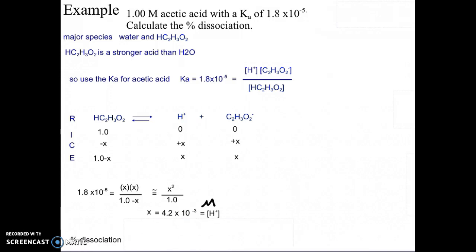So now the percent dissociation would be defined as that 4.2 times 10 to the negative 3 over the initial concentration of the acid, which was 1, times 100, and you'll notice that you get 0.42%. Pretty simple. It's like calculating a weak acid, and then we figured out the percent dissociation.